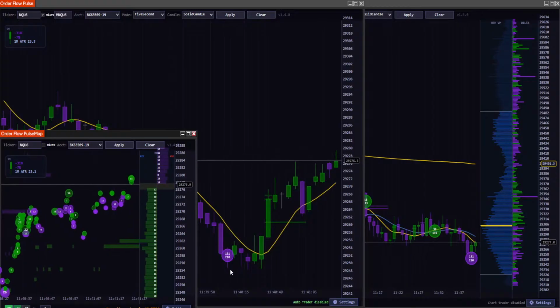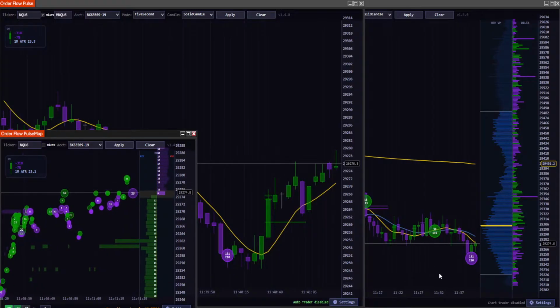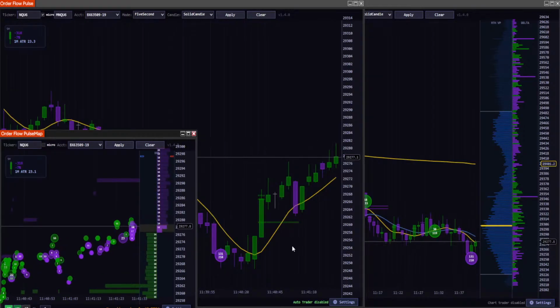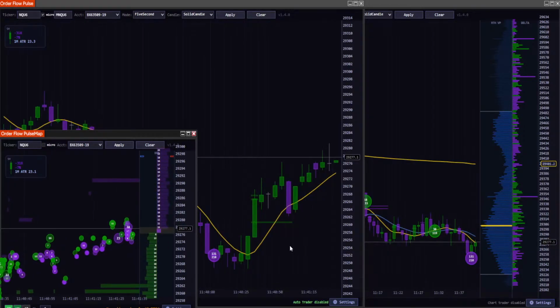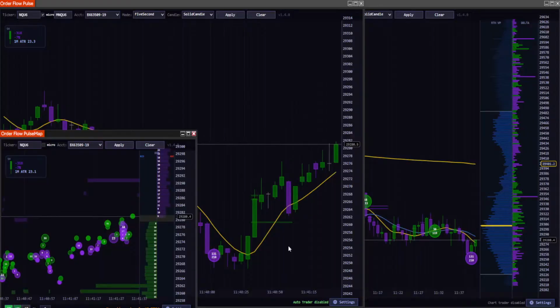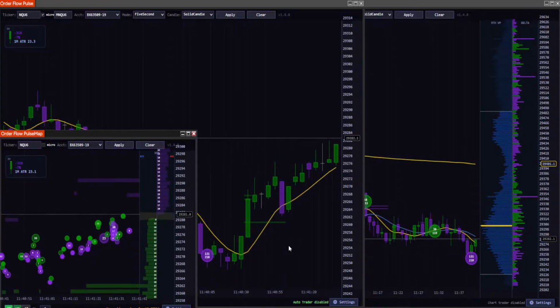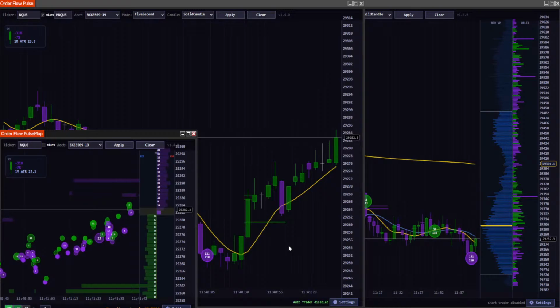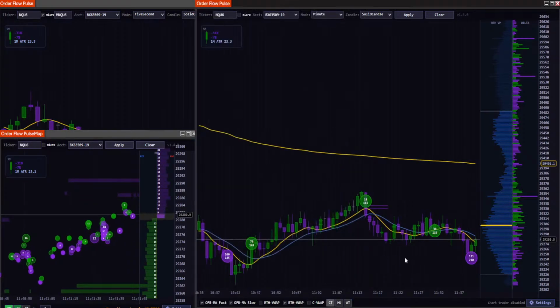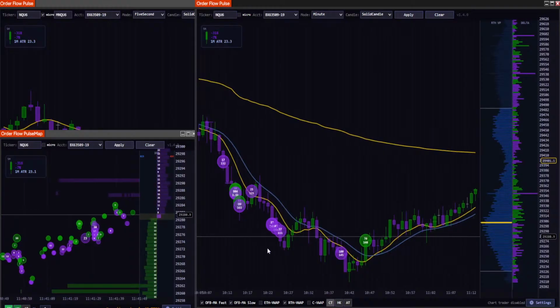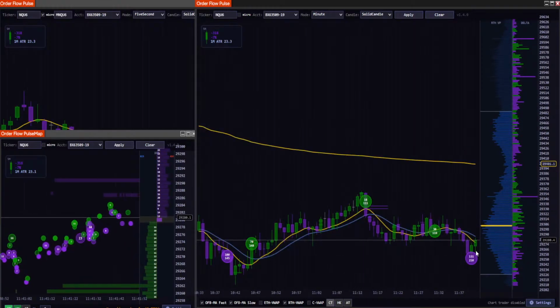We got 210 aggregated sell and 131 single order contracts, and we closed above it. That's a trapped seller. But how much really are they trapped? You got all those sellers right there, but that is a close above it.